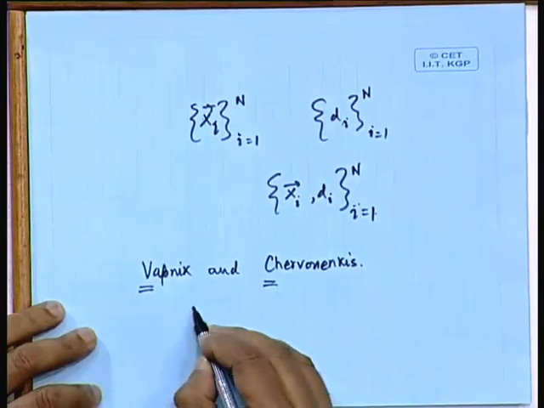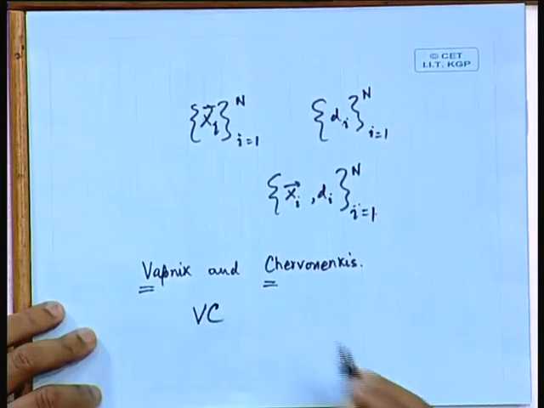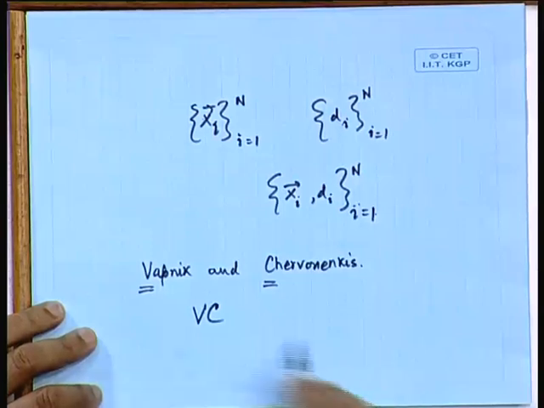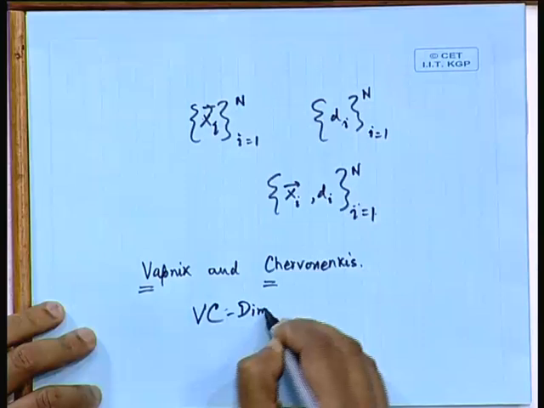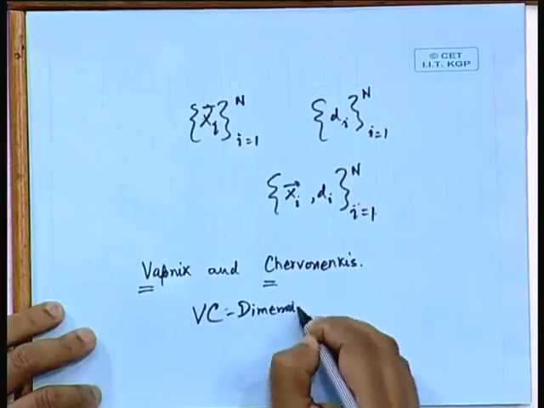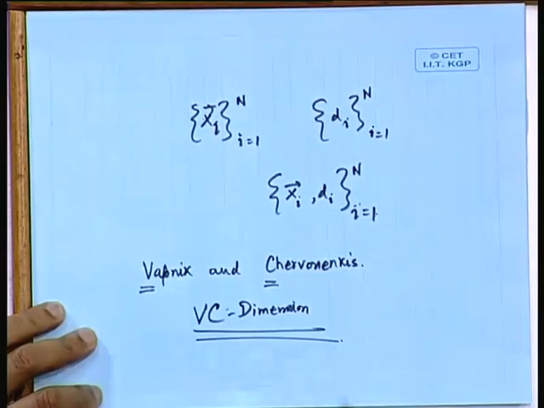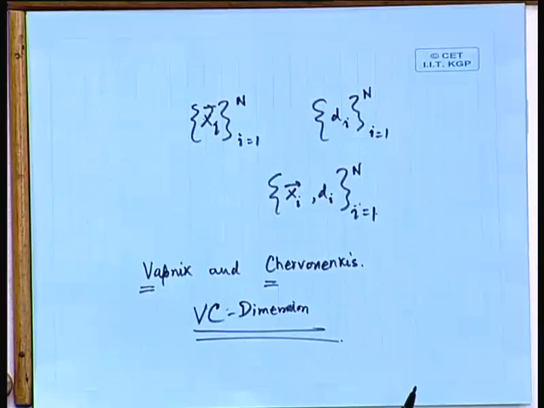We can simply call it VC. Based on their theory, we come to a measure which is called the VC dimension, and it is the VC dimension which is a measure of the capacity or the expressive power of a family of classification functions.